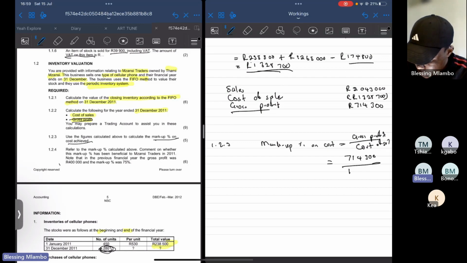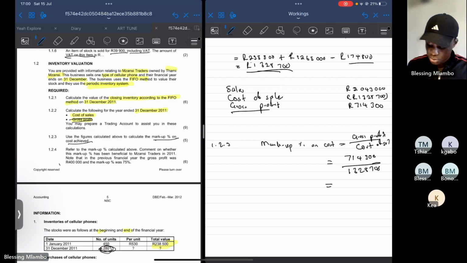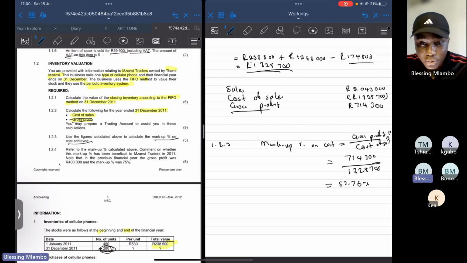Your cost of sales was 1,328,700. You multiply by 100 obviously to make it a percentage, and you get 53.76%. So that's the markup on cost.